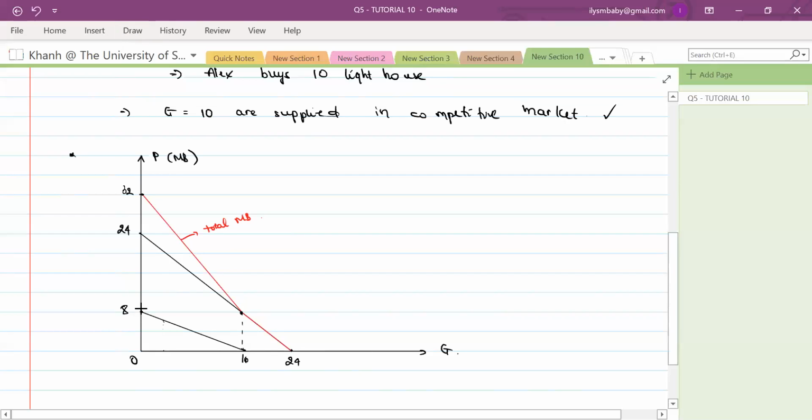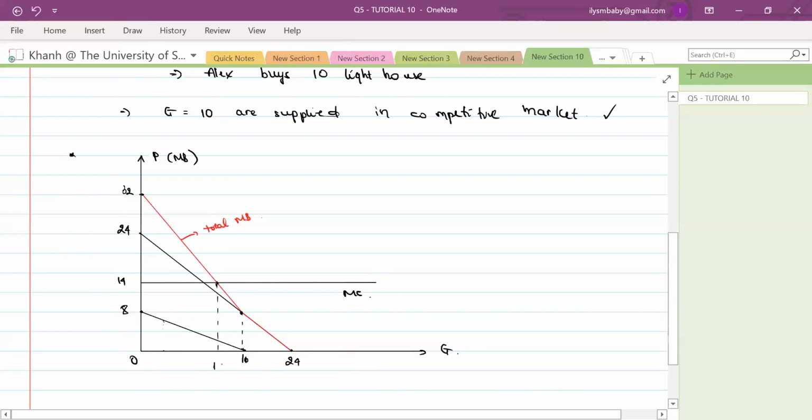This is 8 and that is 16, so 14 is going to be somewhere here. This is 14, and this is the marginal cost. The optimal amount is the intersection between the marginal cost and the total marginal benefit. This is the optimal number of lighthouses that should be provided in the market. It goes all the way down here.